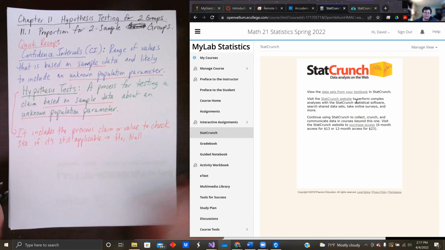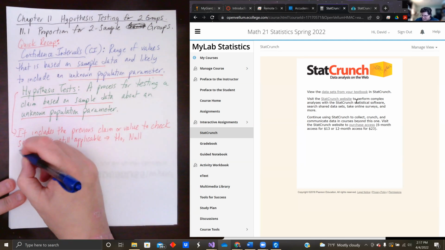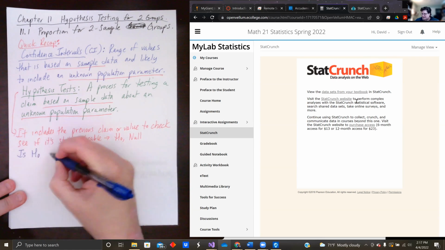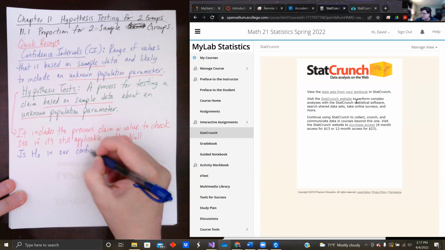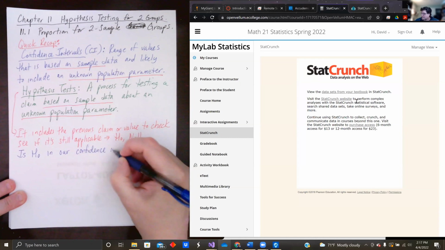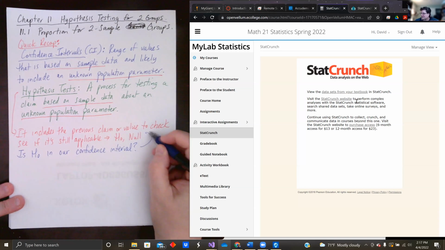And how does that connect to our confidence interval? Is H naught in our confidence interval? That's how they connect.